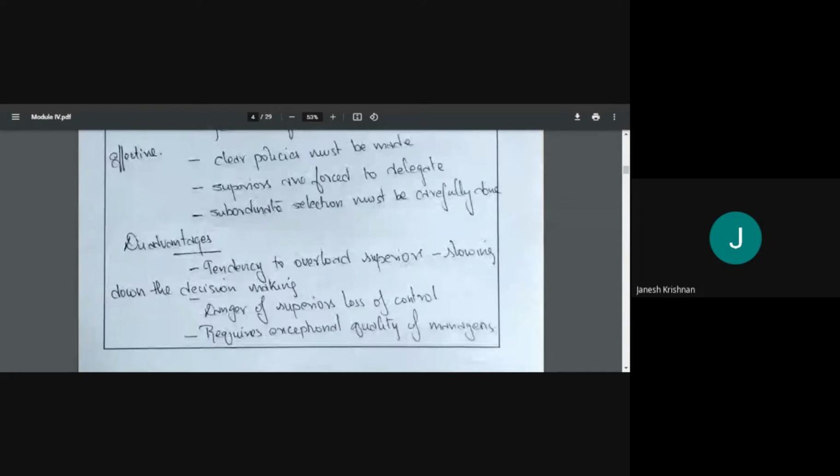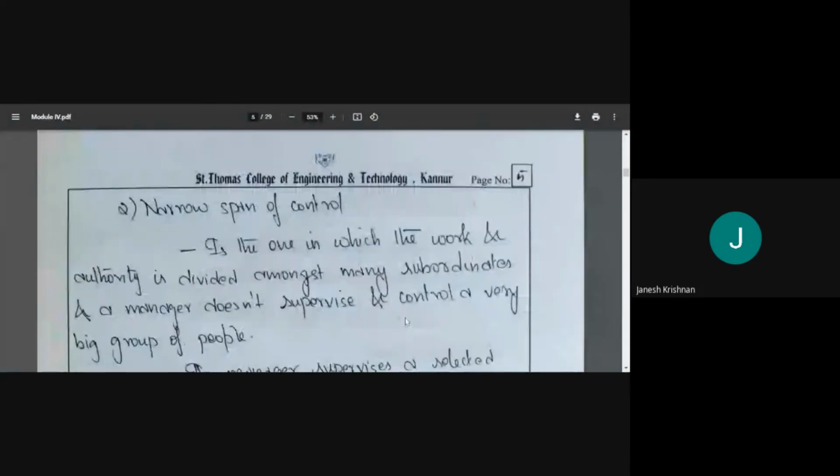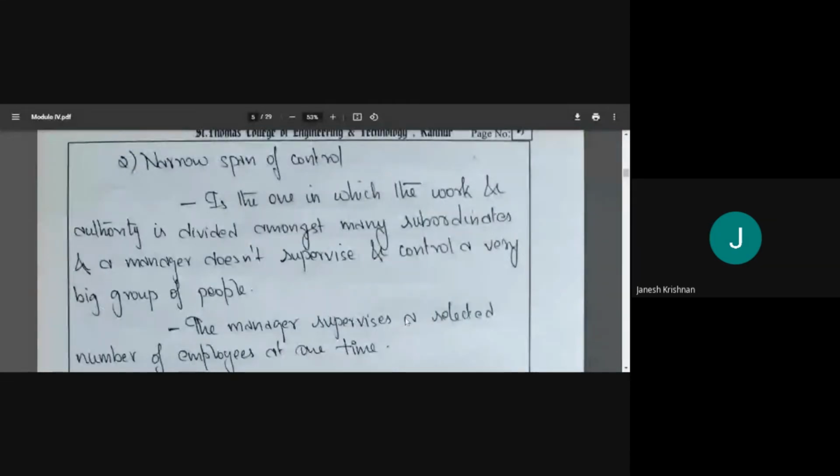Also there is a danger of the superior losing control, and it requires exceptional quality of managers. So to supervise many people, we need better control, we need better character also in the manager.